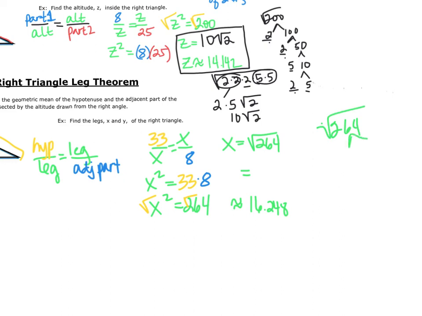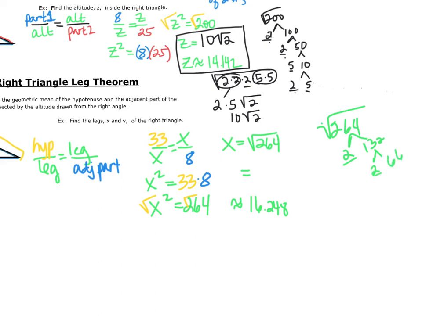So 264 is an even number. I can't, off the top of my head, think of any factors of it other than that it's even. So let's do 2. I'll divide 264 by 2, and I get 132. Do it again, divide by 2, it's still even, and get 66.